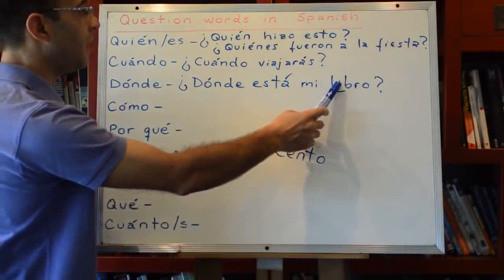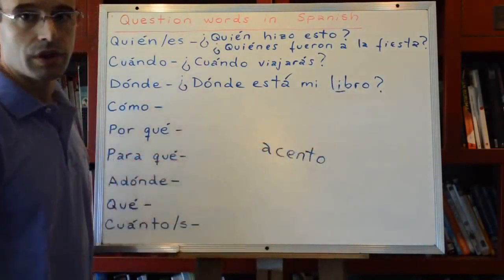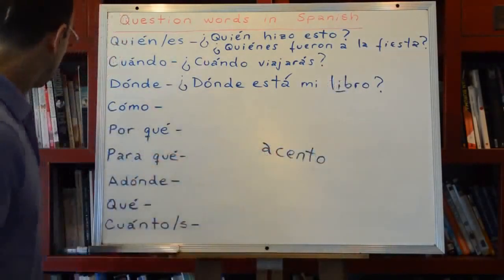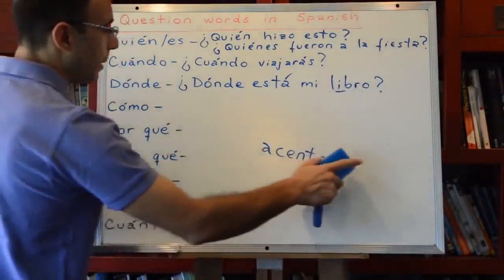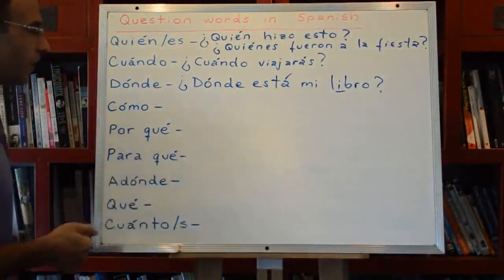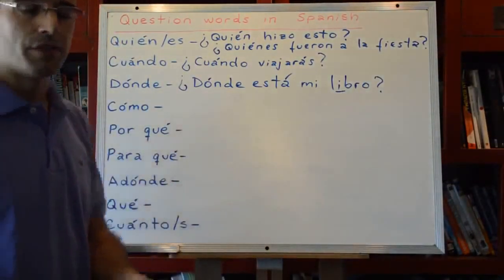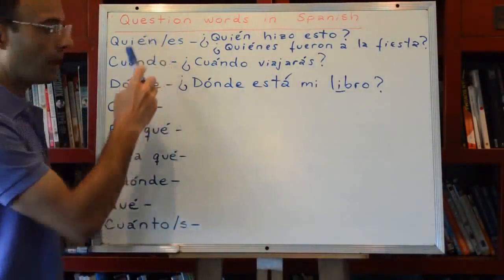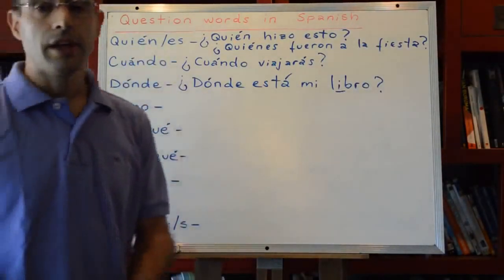So here is the acento of the word, even though there is no tilde, okay? So I'm explaining this for you to see that in Spanish, acento is not the same thing as accent in English. Very similar, but not exactly the same. And this is tilde in Spanish, okay?